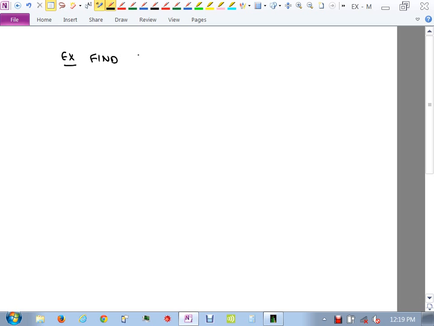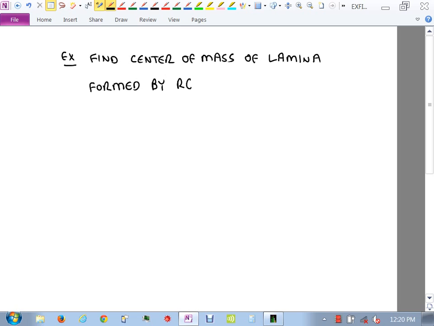Find the center of mass of the lamina formed by the region bounded by y equals square root of x and y equals x.